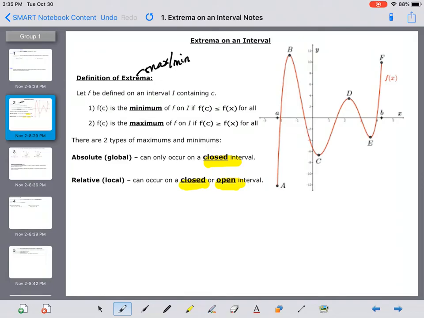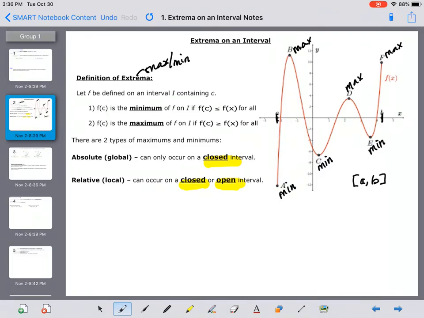A we would consider to be a min because it's a low point. B we would consider to be a max because it's a high point. C a min. D would be a max. E would be a min. And F would be a max because it's a high point for its area. Now this is a closed interval because it starts at A and ends at B, so it's only between those values.